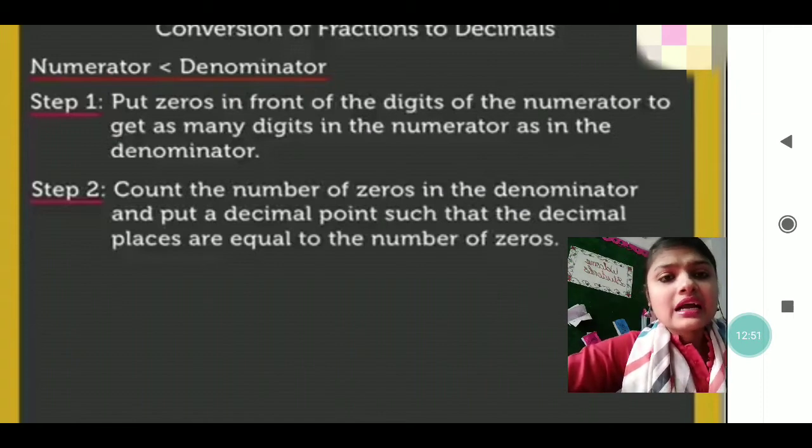Next, it says count the number of zeros in the denominator and put a decimal such that the decimal places are equal to the number of zeros.